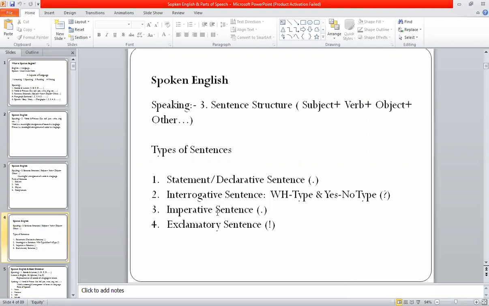Then third is the imperative sentence. Imperative sentence means Ajnarthi. If someone is giving any type of command to us, or we are giving any type of command to someone, then it comes under the imperative sentence, ajnarthi vakya.